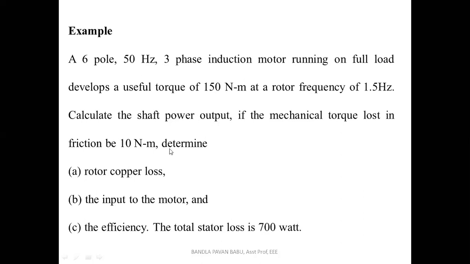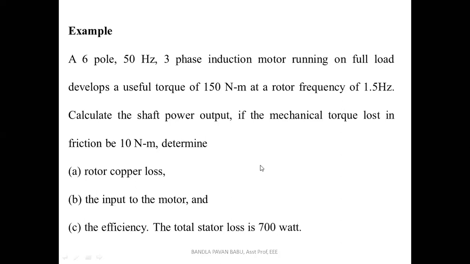Next, they have asked for finding out the rotor copper losses and the input to the motor. So what is the input to the motor there? Earlier we have defined that input of the motor is the electrical input, right? Next, the efficiency. Okay, so that is P out by P in, or PM by P2. Earlier we have defined PM as the motor output and P2 as the motor input. And the stator losses is 700 watts.